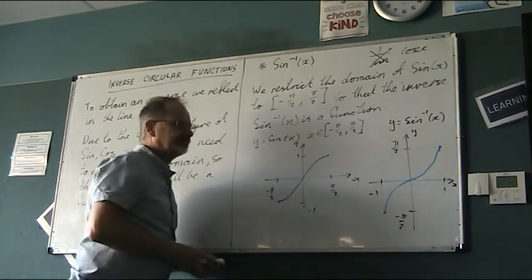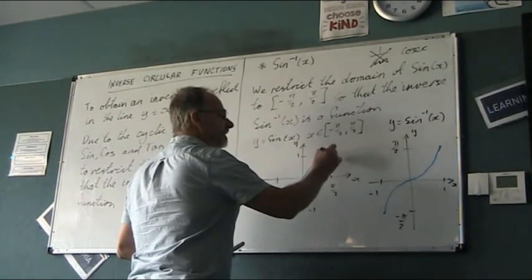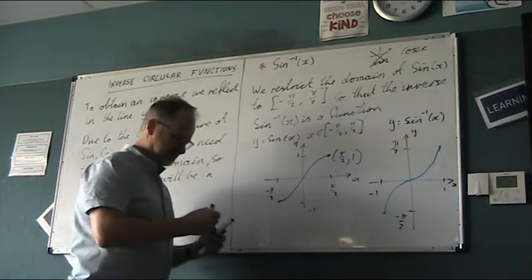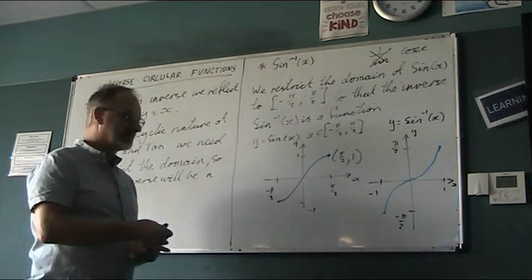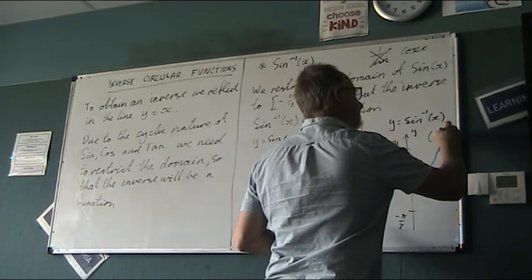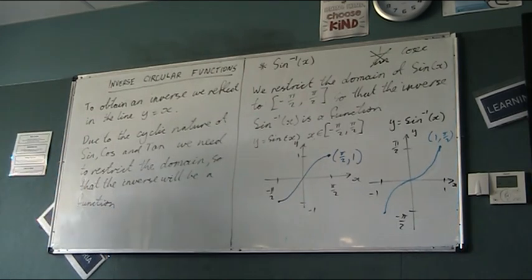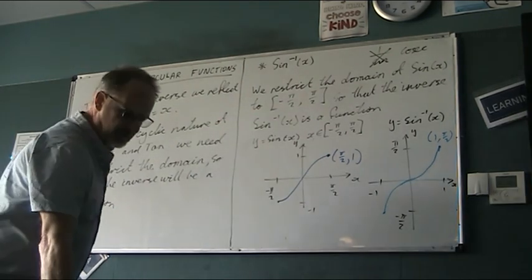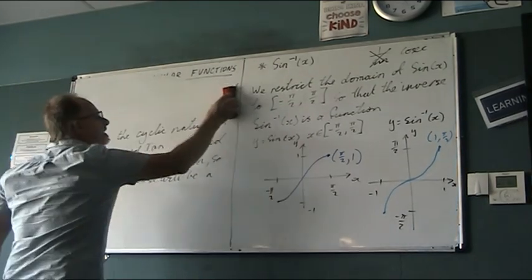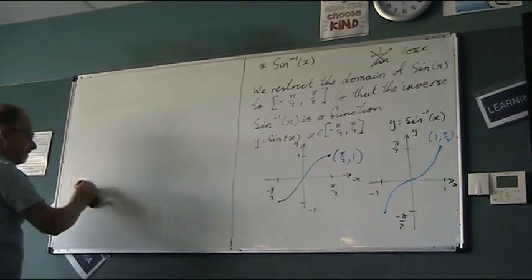So the coordinates of this end point up here is pi on 2 and 1. When you do the inverse, those two have got to swap around, so it's 1 and pi on 2. Yeah? All right.